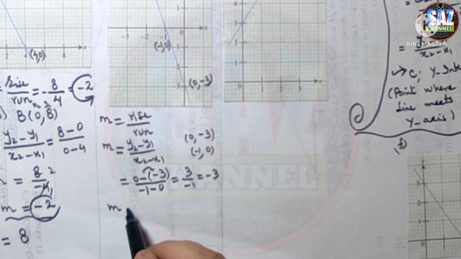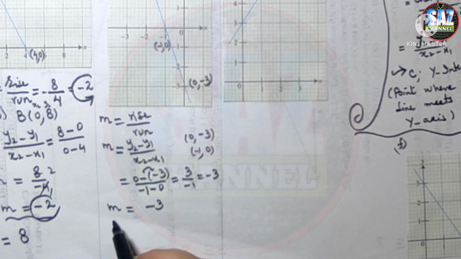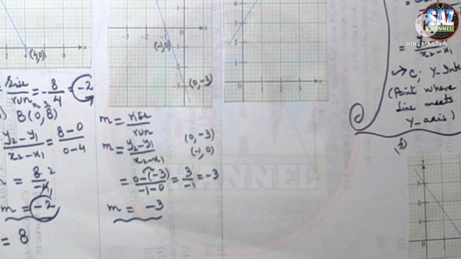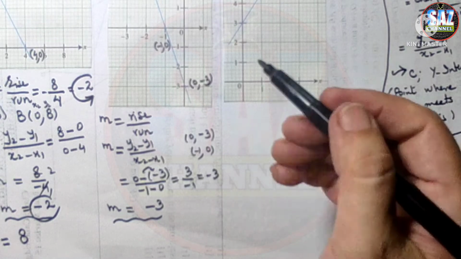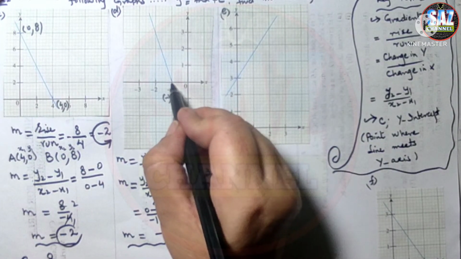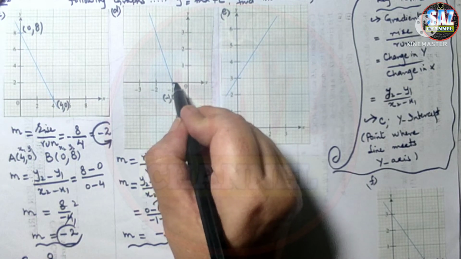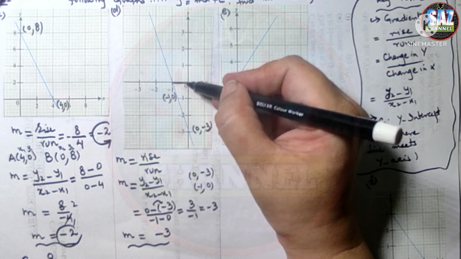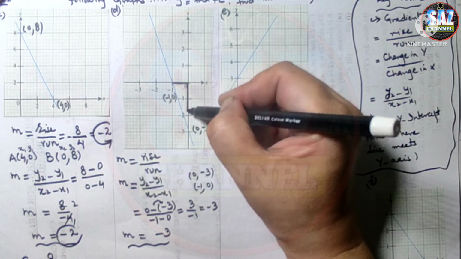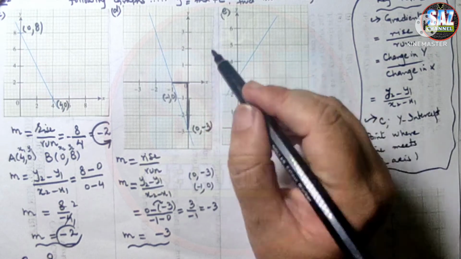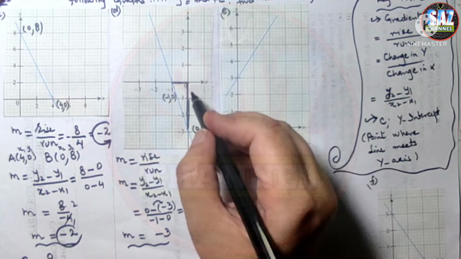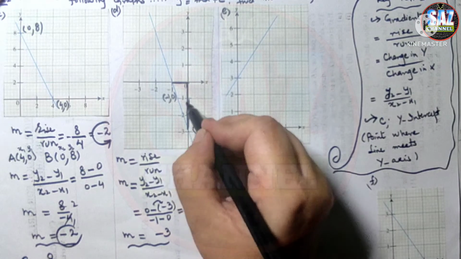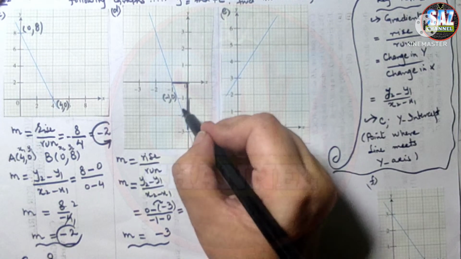So m by calculation is -3, and let's observe whether we get a gradient of -3 with the help of the graph as well. We know that for the graphical method we have to take any 2 points on this line, complete the right triangle, and apply the ratio of rise to run. Now we can see that this is the run side, and how many blocks does the run side have?